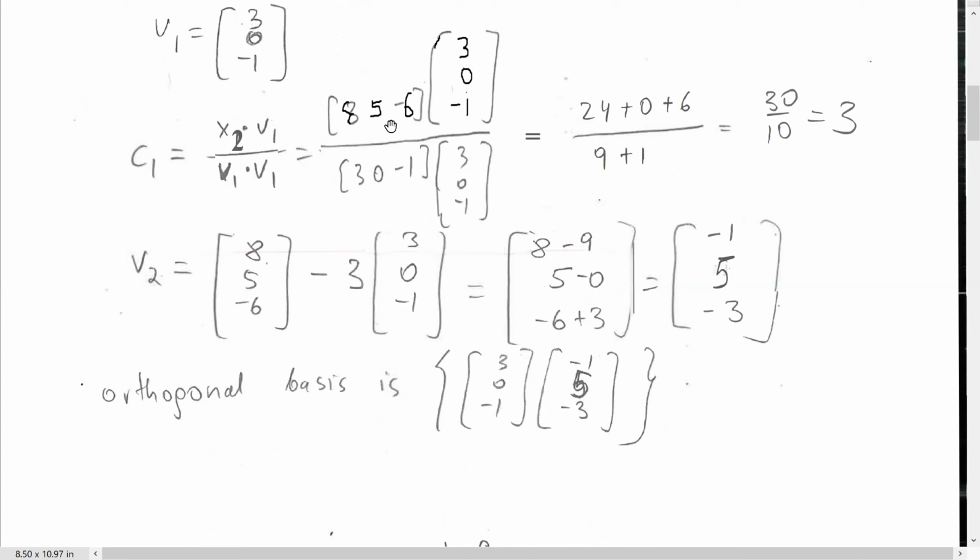And we can check that those two vectors are orthogonal by calculating the dot product. This is my v1, this is my v2 vector.